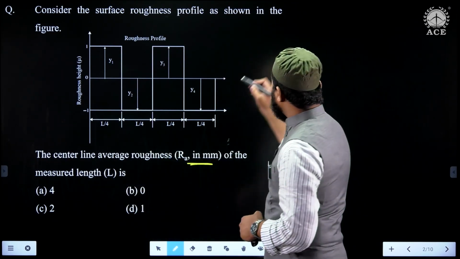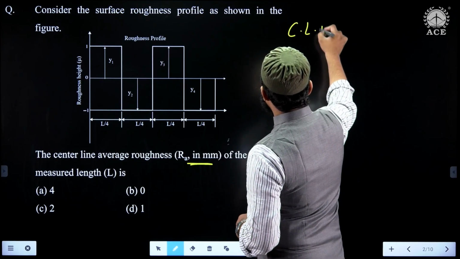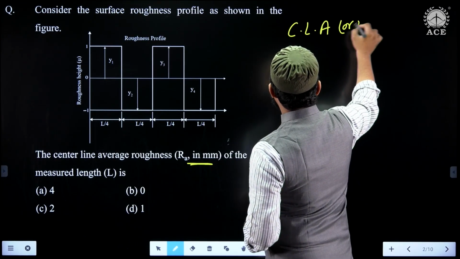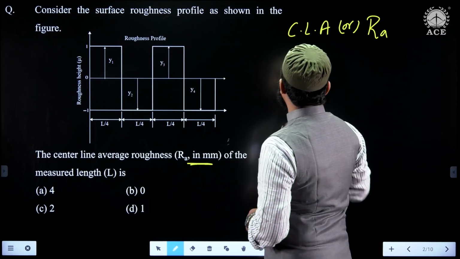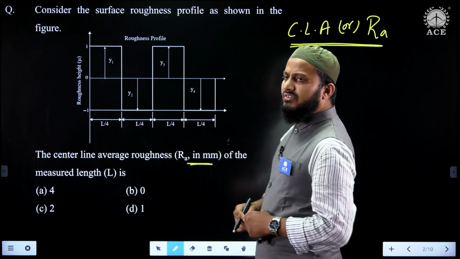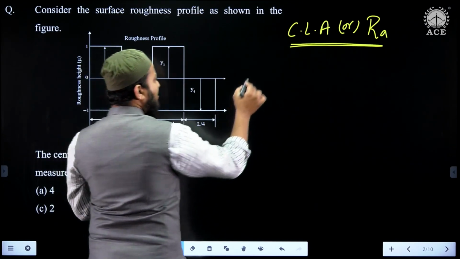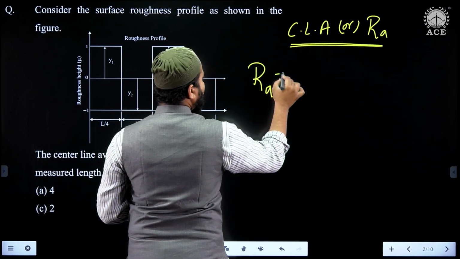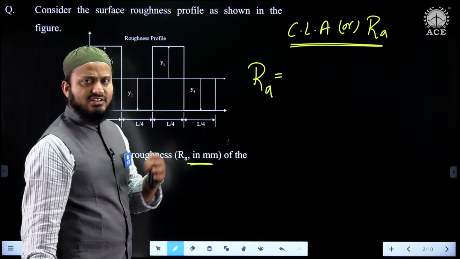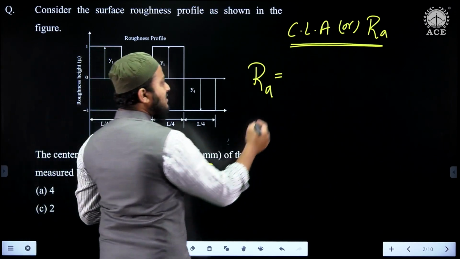See, basically the central line average value, CLA, or we call it Ra, is given by various formulas, but the basic standard approach, as the name itself indicates, is the central line average. So what is that?